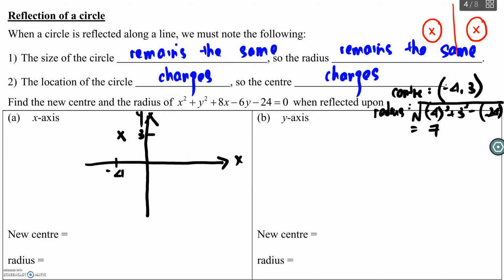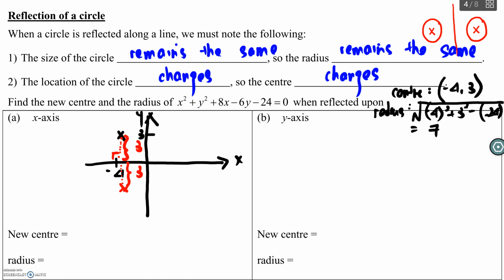One thing to take note, if this is reflected along the x-axis, it is very important to take note where is the center away from the reflection line. Notice this is 3 units away. If this is 3 units in front of the reflection line, it must also appear 3 units after the reflection line, and there you have it.